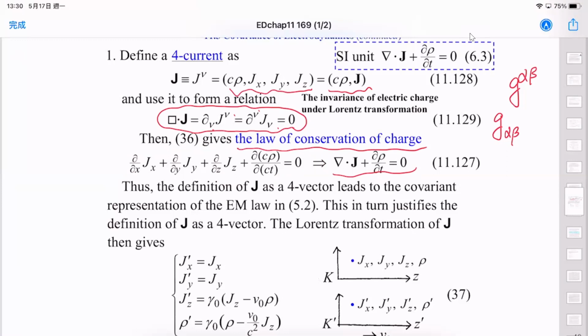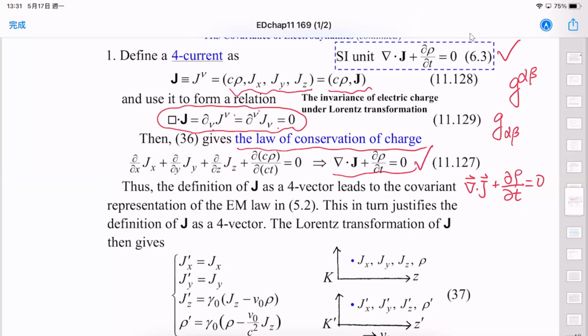Let me write it down again: divergence J plus partial rho partial t equals 0. This is in SI units, and this one is also in Gaussian units, but still the same.